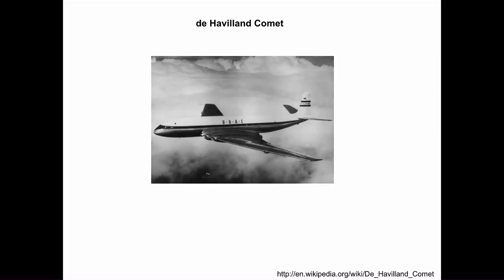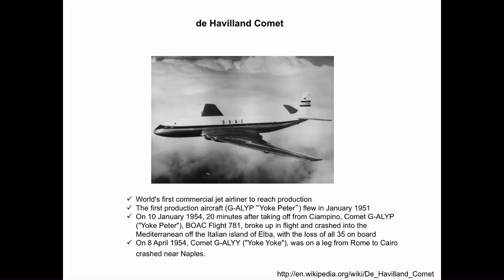Now, I'm just going to show you what really happened to the Comet. It's the first jet airliner in production. They call it Yoke Peter. It flew in 1951, so this is many, many years ago. In January 1954, the airplane crashed.